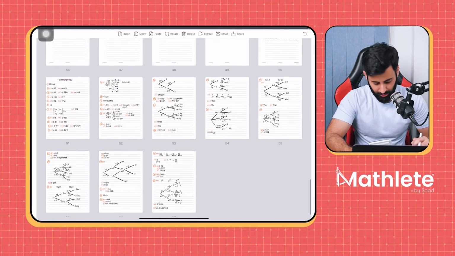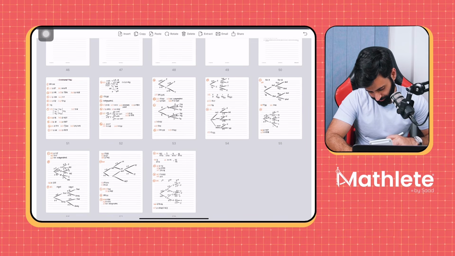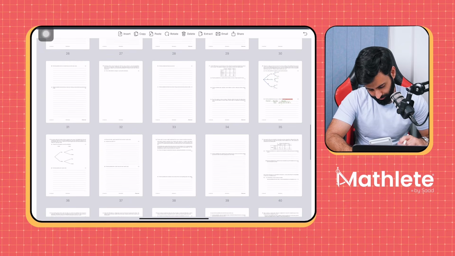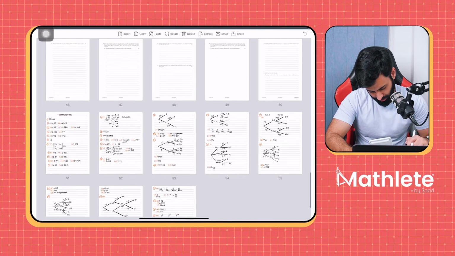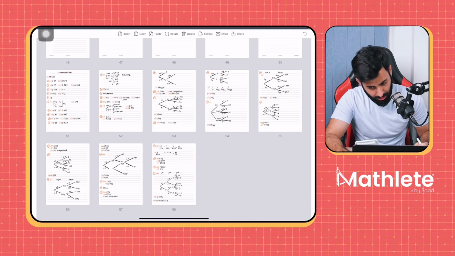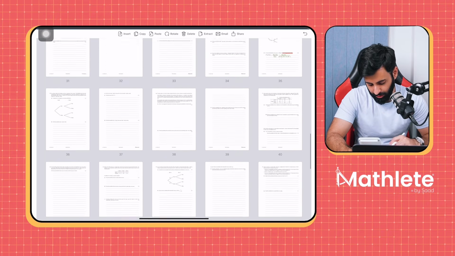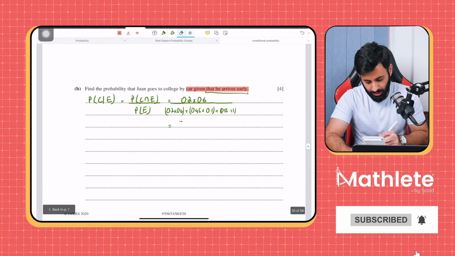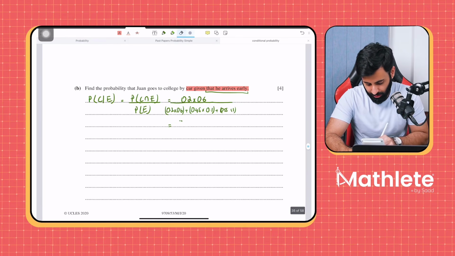Let me check the answer. No, wait a minute, I was checking the wrong answer. This is 0.233. That's the correct answer, 24 over 103, which is 0.233.